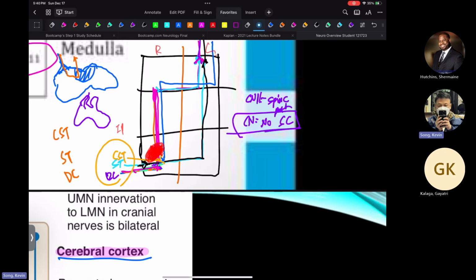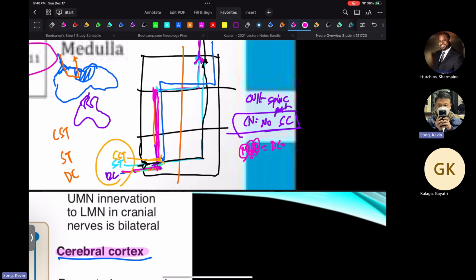So if I have a lesion in the right side of the dorsal column, this pink line here, would you expect I have a right side problem or left side problem? In other words, can I detect the vibration sensation from the right side if I have a lesion right there in the spinal cord? For my memorization, I use MVP for fine touch, vibration and proprioception.